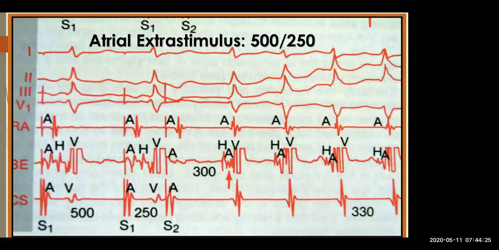So the first beat is, as you said, the paced one, and the second is an extrastimulus, an early beat, and you see an AHV, and after the S2 you don't see a ventricular beat following it.